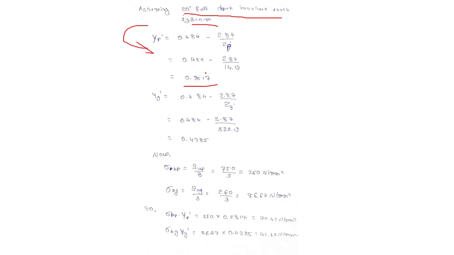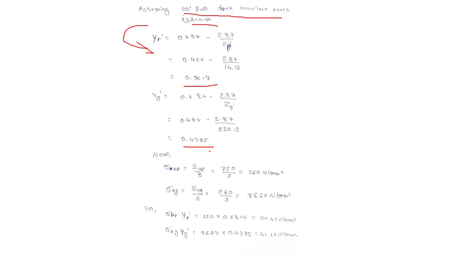So the answer of yp dash is 0.2517. In the same way we can do it for the gear: 0.484 minus 2.87 upon zg dash. So the answer is 0.4785.